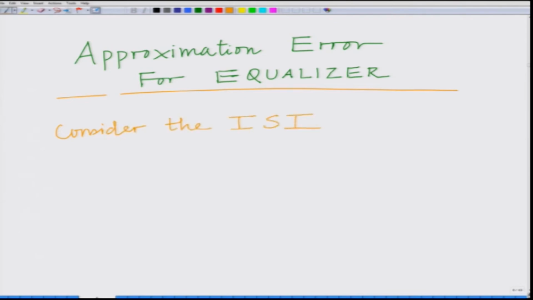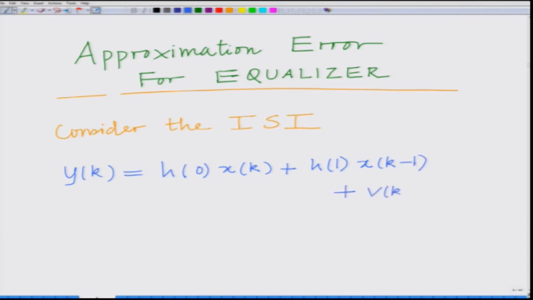Consider your ISI, or inter-symbol interference, channel where the received symbol yk is given as h0 times xk plus h1 times xk minus 1 plus vk.